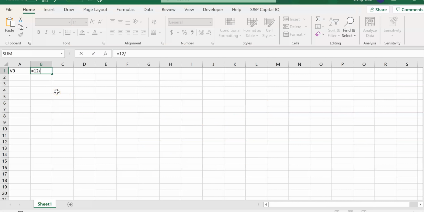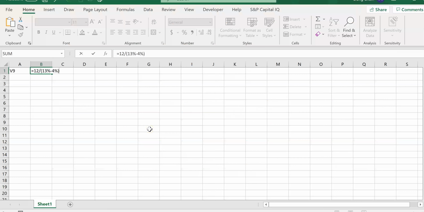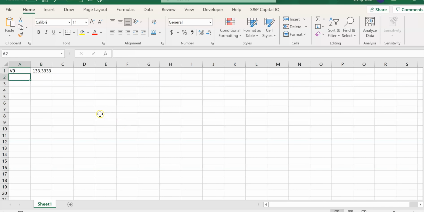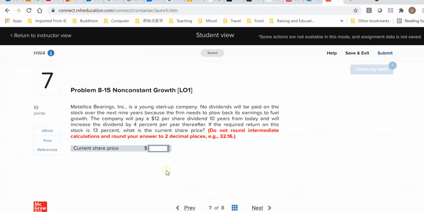So it's $12 divided by 13%, the required return, minus g, which is 4%. That gives me V9, but we're not done because we need to figure out V0. V0 equals V9 divided by 1 plus 13%, raised to the power of 9.